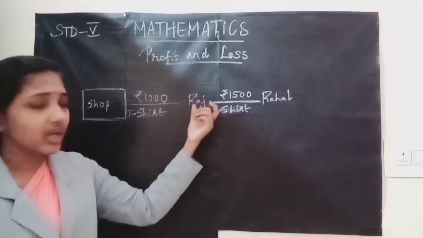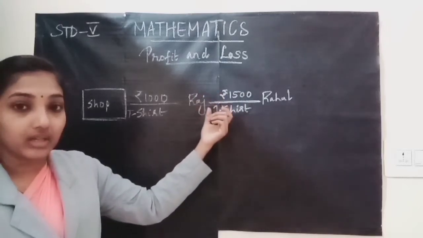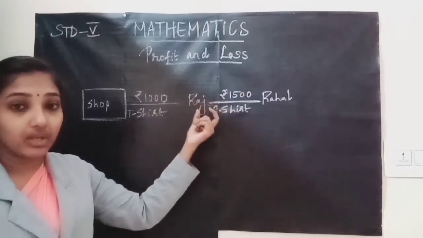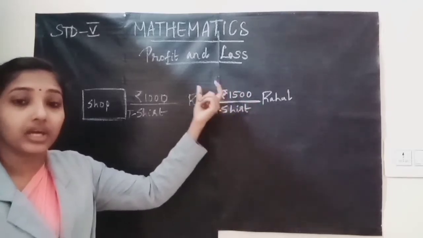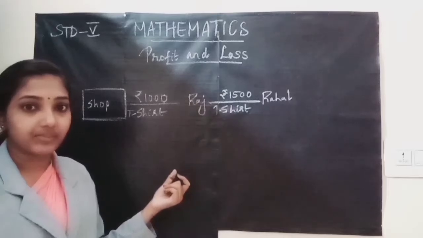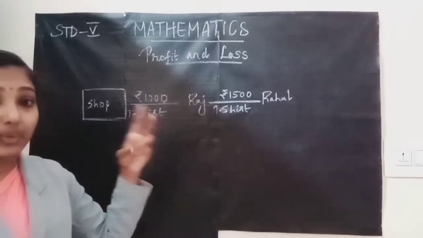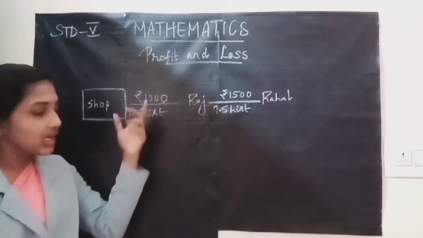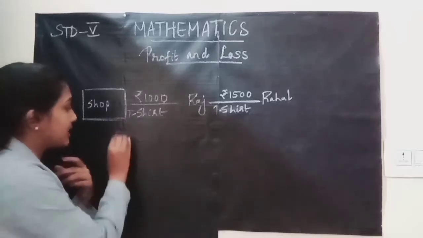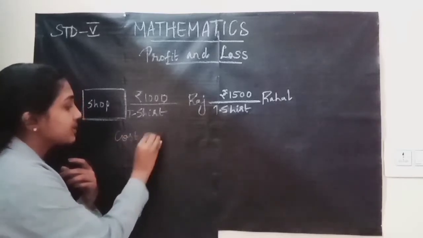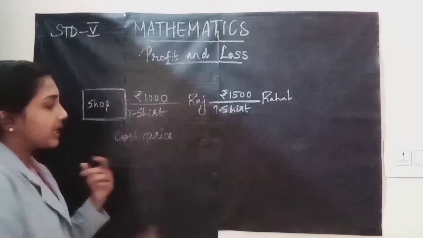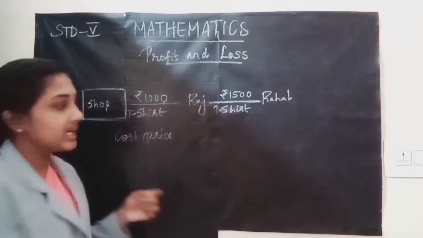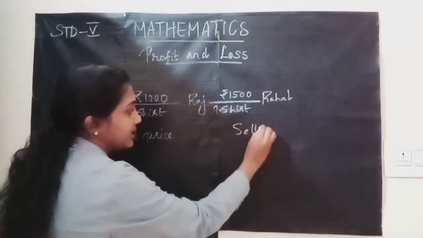The amount at which the goods are sold is called the selling price. Okay, so here we have got two prices. One is the cost price, and the other is the selling price.